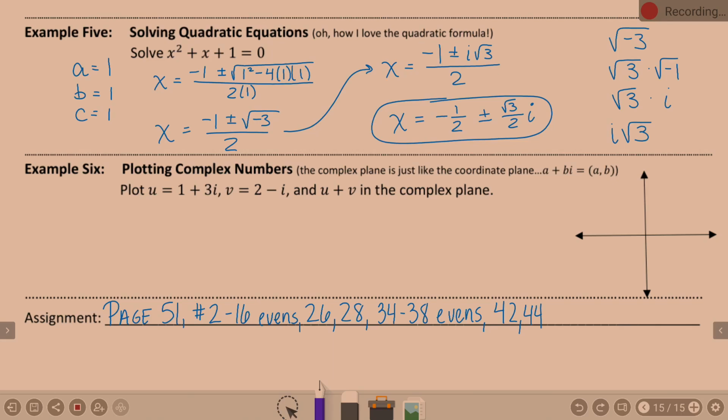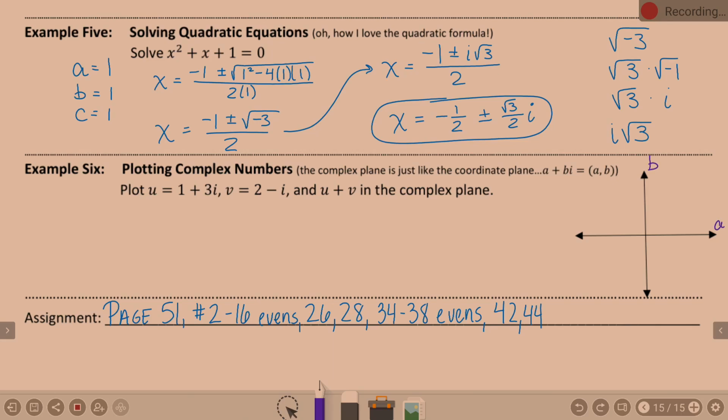Example 6. This is the easy stuff. All the hard stuff was in the middle. Plotting complex numbers. The complex plane is just like the coordinate plane. Normally we have an x-axis and a y-axis. Well, now instead we have an a-axis and a b-axis.